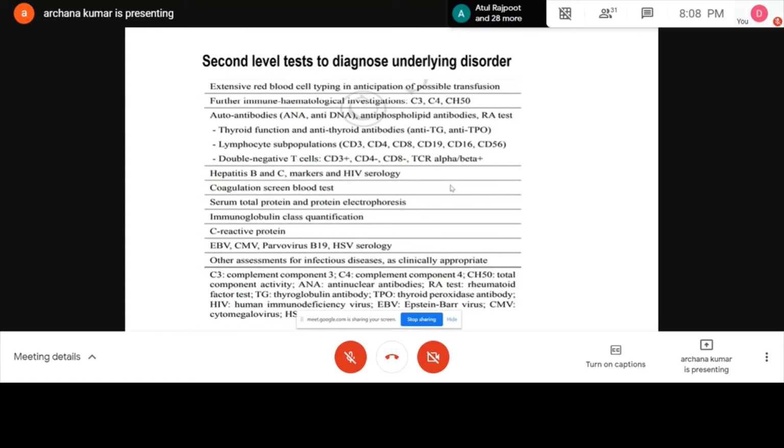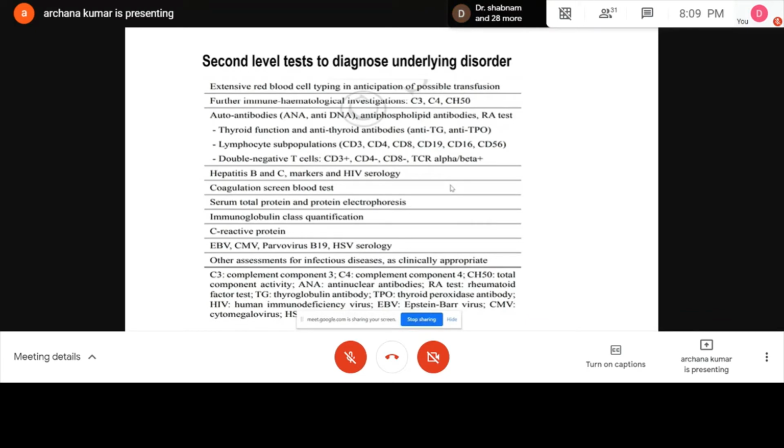So when do we do second level tests? Only when we are thinking of an underlying disorder or a secondary autoimmune hemolytic anemia. But yes, extensive blood cell typing should be done in the anticipation of a possible transfusion, because it is very difficult to cross-match RBCs in these children because of the antibodies which are present on them.